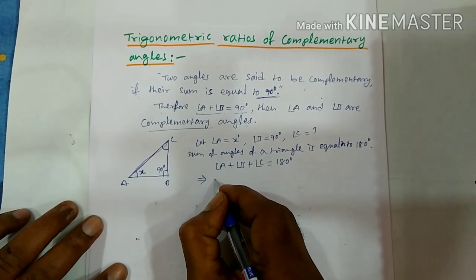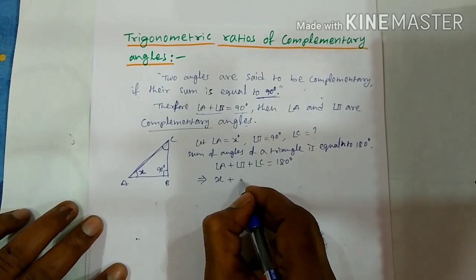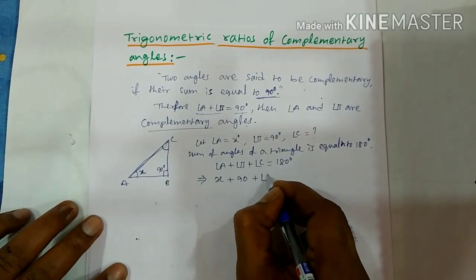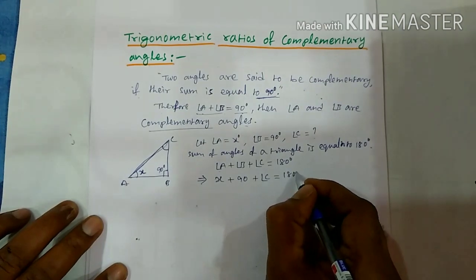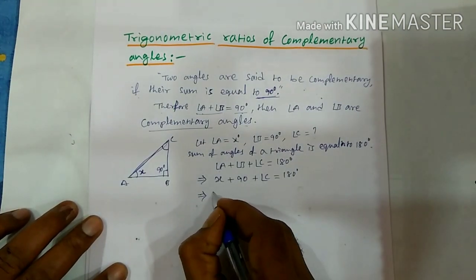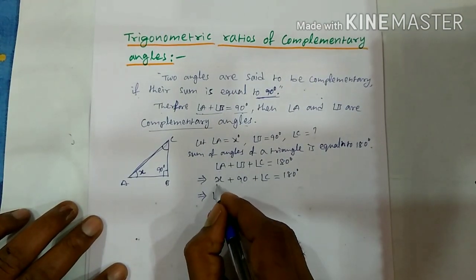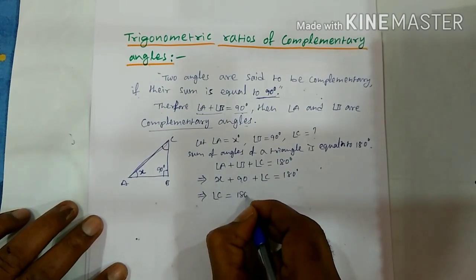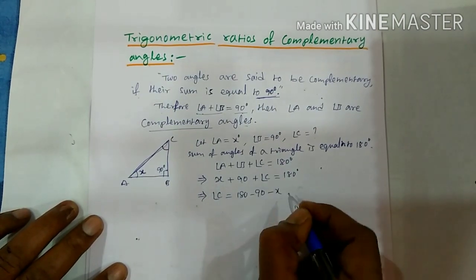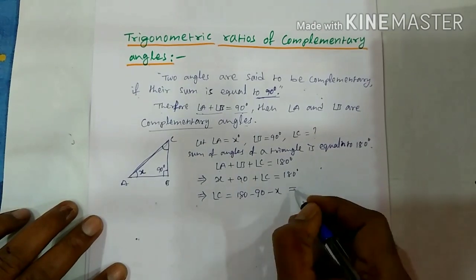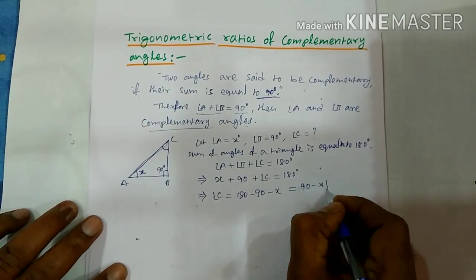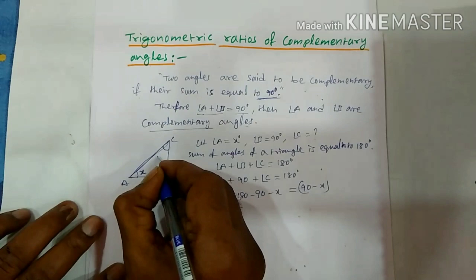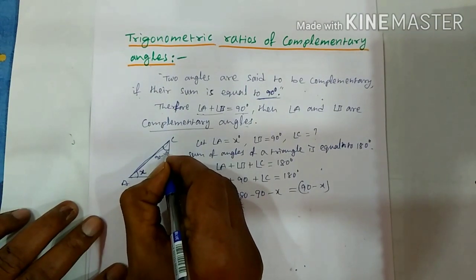Angle A means X, angle B means 90, and angle C we have to find out. So angle C is equal to 180 minus 90 minus X, and 180 minus 90 is 90, so 90 minus X. So angle C is 90 minus X.